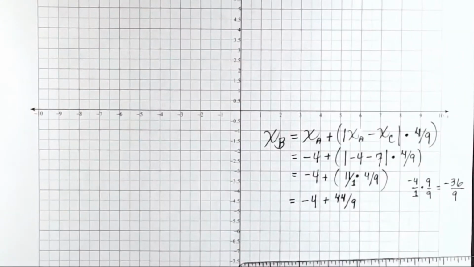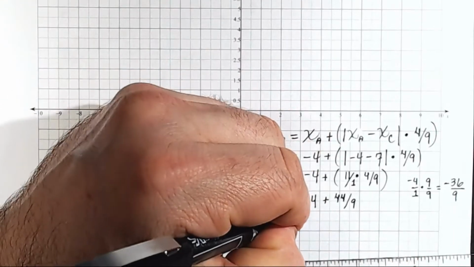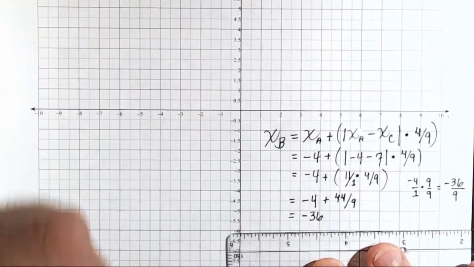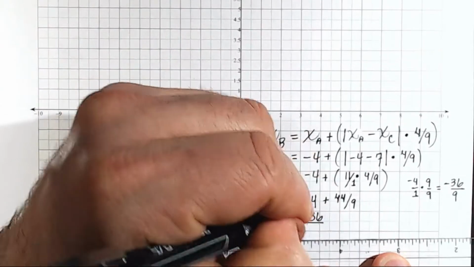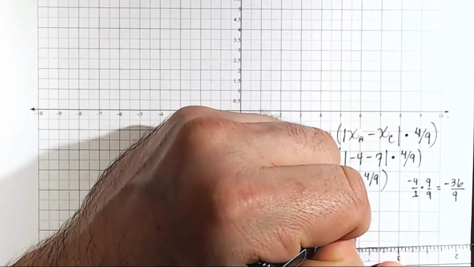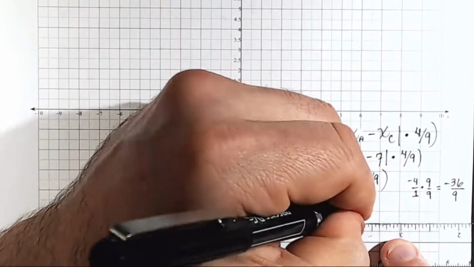And that's just -4 written with a denominator of 9. So we'll rewrite this equals -36 over 9 plus 44 over 9.